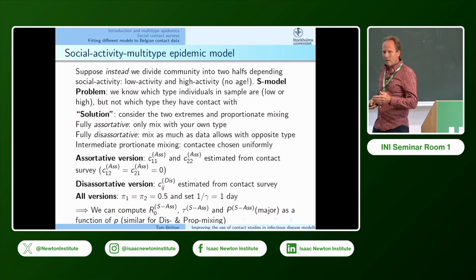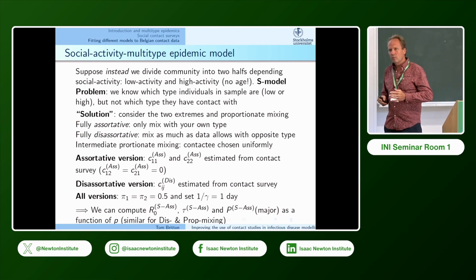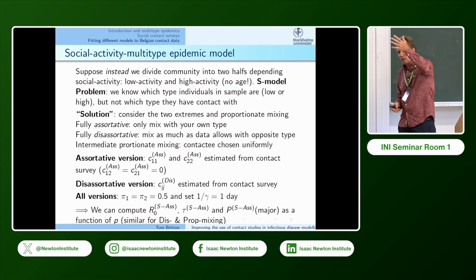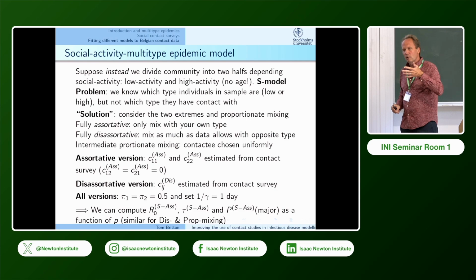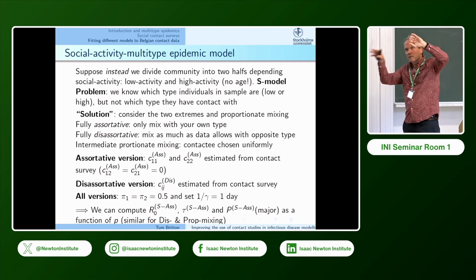And the fourth model, we do both things. So we admit we have 7 age classes, but each age class we divide into the socially active and the socially less active. And we know the socially active in a given age class. We know which different age classes they have contact with, but we don't know if they tend to have with a socially active in each age class or not.